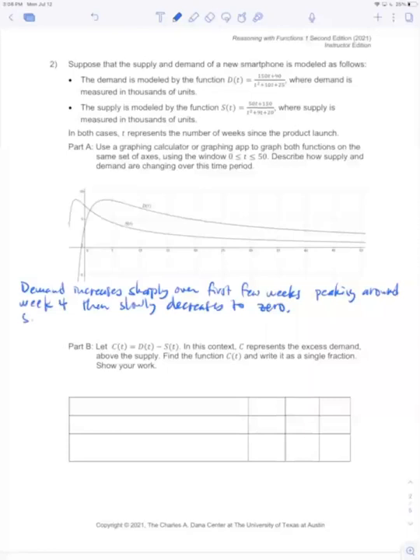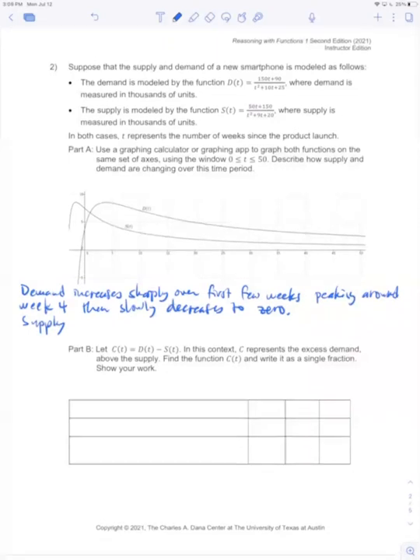Now supply, the supply function, it's initially above the demand function.